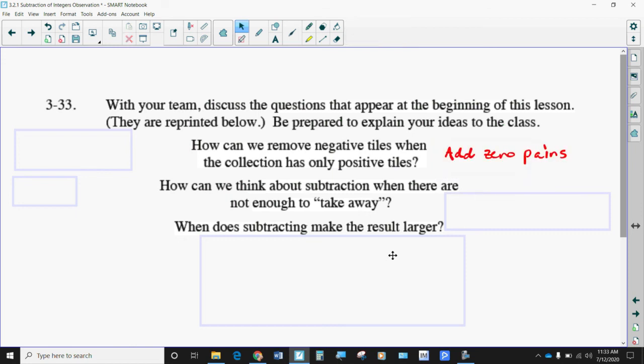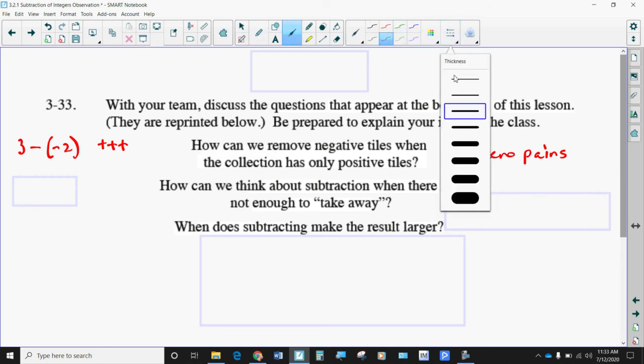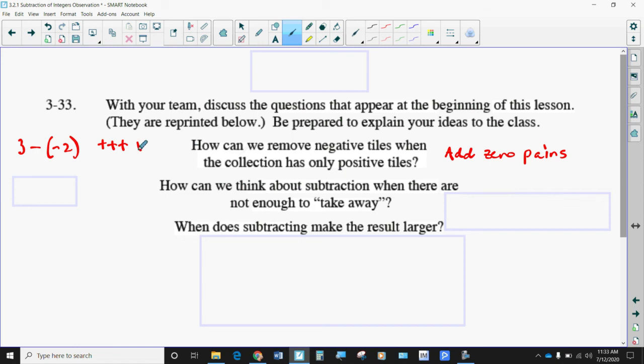We had to add 0 pairs. So here's an example of a situation like that. If we started with 3 and we tried to take away 2 negatives, how can we do that? You can't until you add a couple of 0 pairs. And so once you take away the 2 negatives now, our answer is going to be 5. Okay, so 3 minus a negative 2 is positive 5.